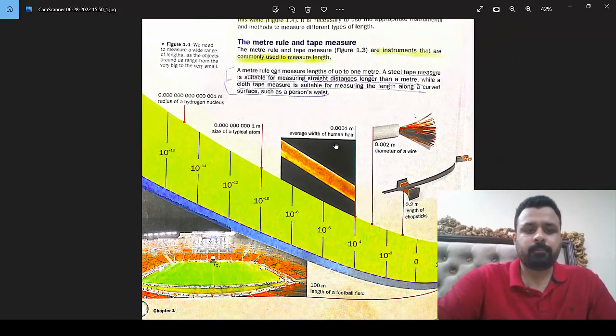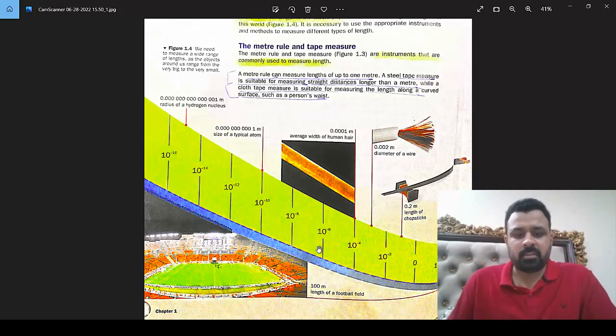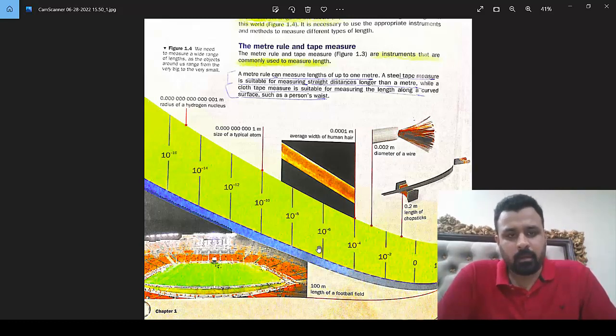As you can see in this picture, there are several prefixes mentioned which are used for small scale measurement. As we have discussed in the previous video, if we want to measure lengths on a very small scale, then instead of using simple normal mathematical notation, we prefer prefixes or powers of 10.